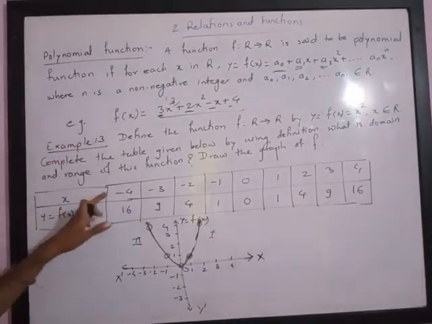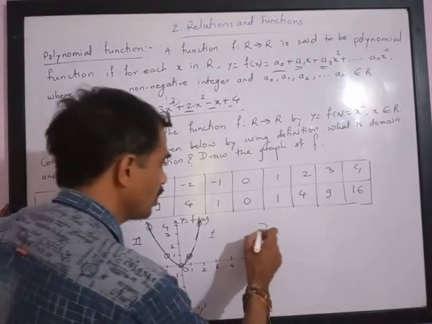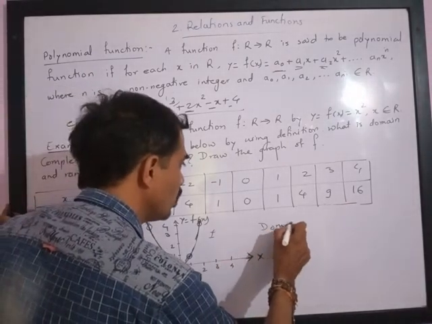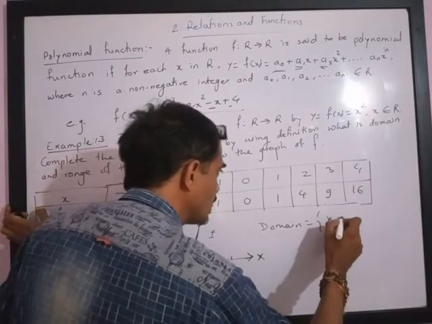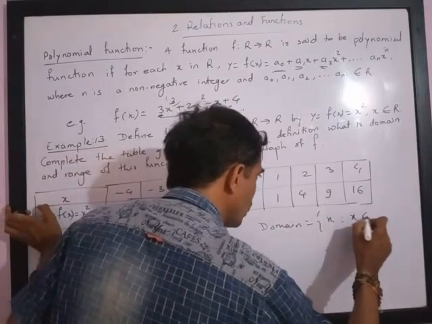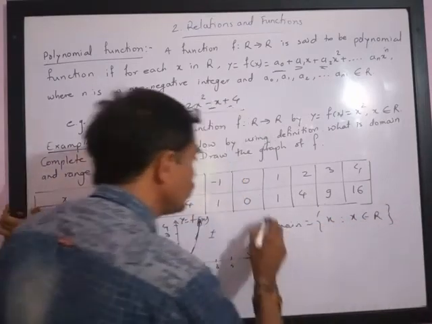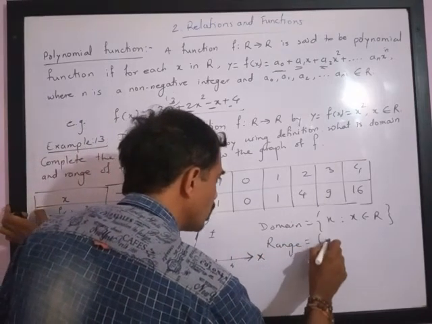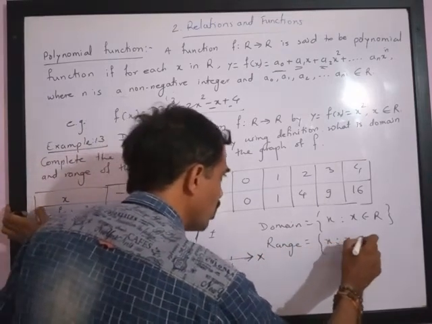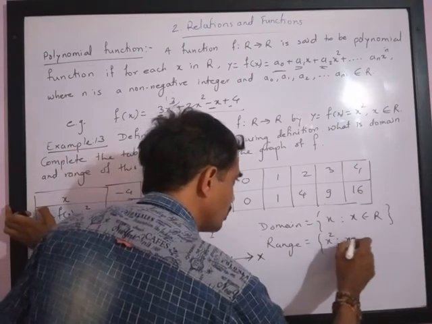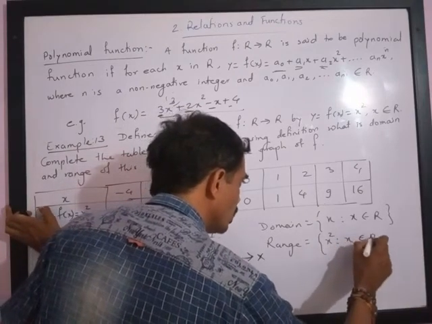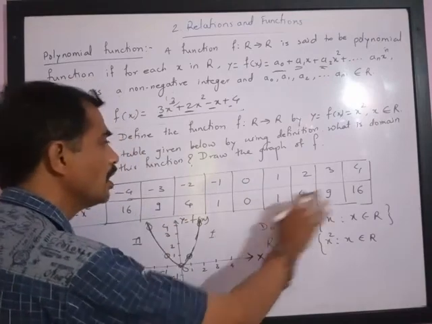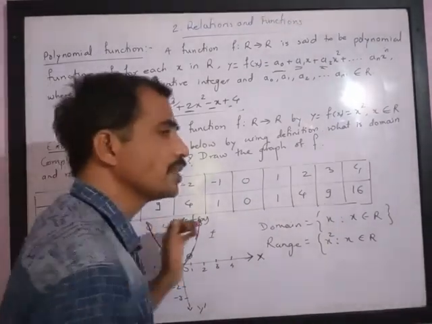So if you see, the domain is the set of x such that x belongs to real numbers. And if you see the range, then the range is the set of x square such that x belongs to real numbers. But please note, these are positive real numbers.